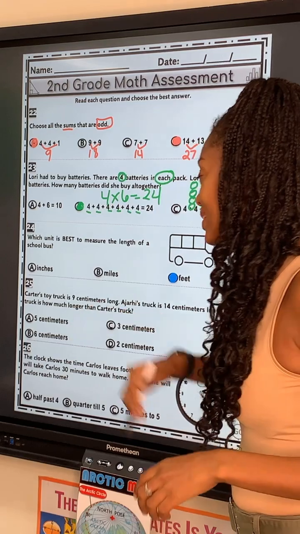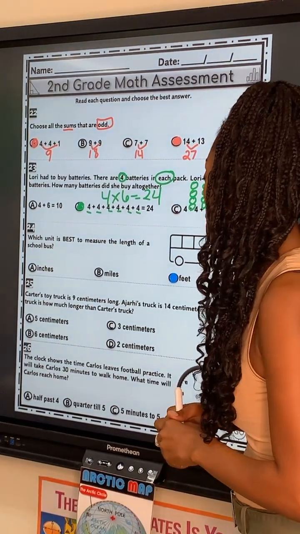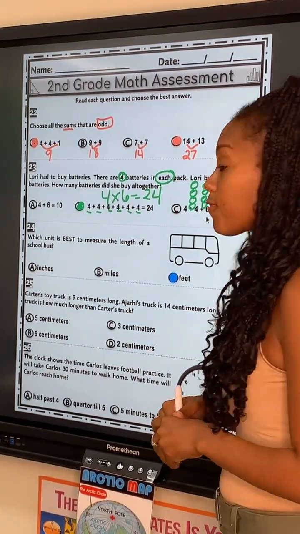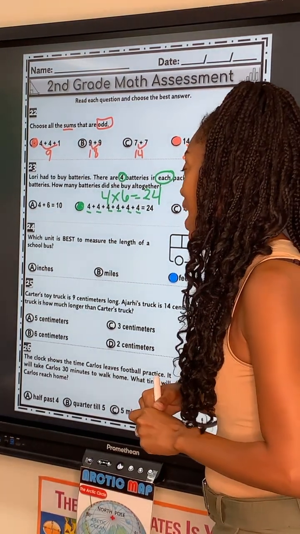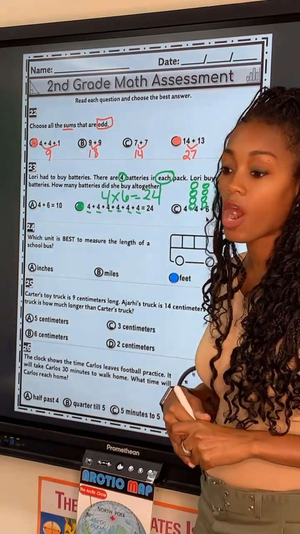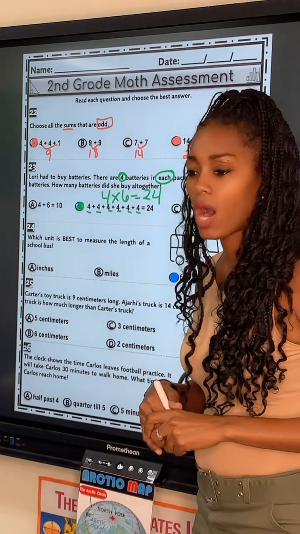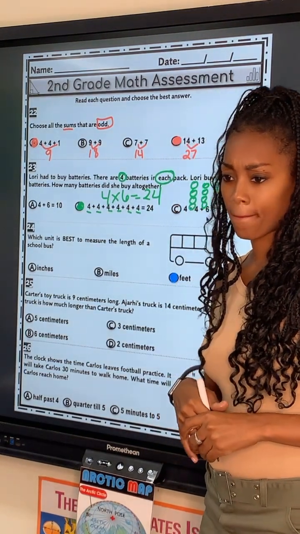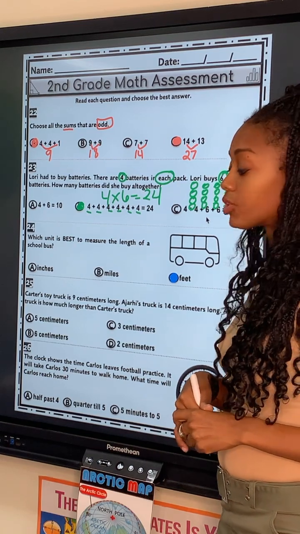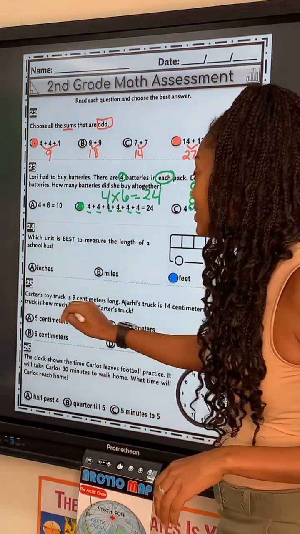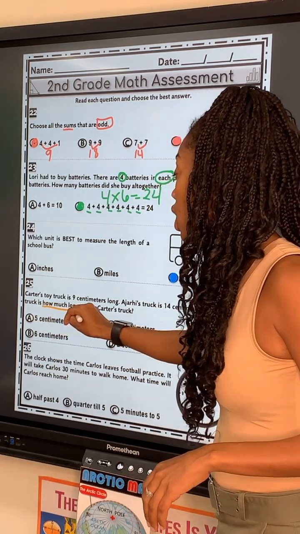Carter's toy truck is 9 centimeters long. Ajari's truck is 14 centimeters long. Ajari's truck is how much longer than Carter's truck? What kind of operation is this? Subtraction, because it says how much longer.